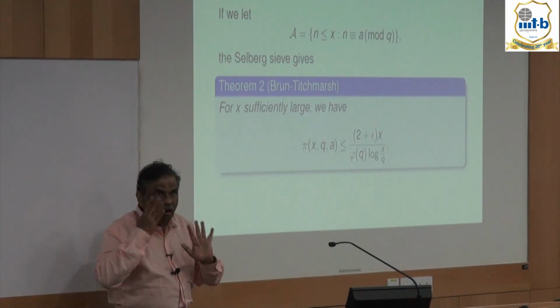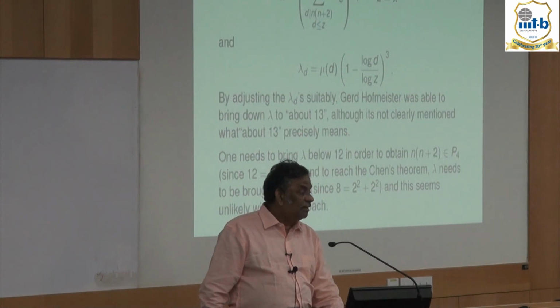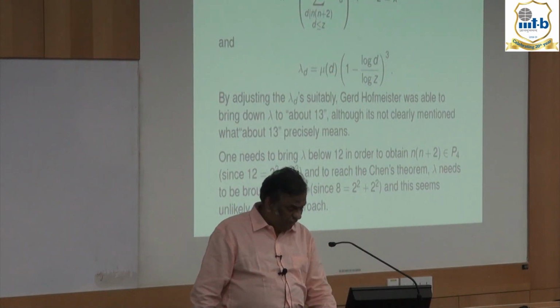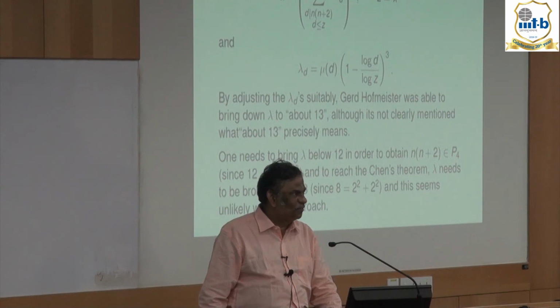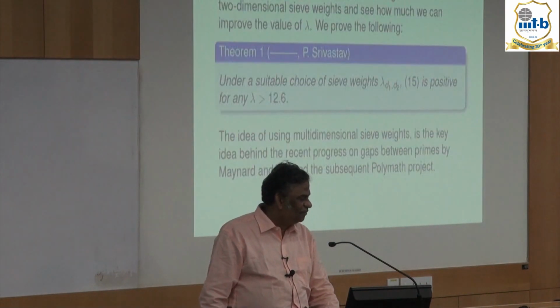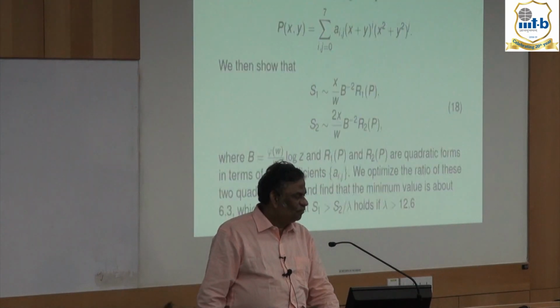Therefore, you can actually count how many primes there are in an arithmetic progression. And then he suggested a method for the twin prime problem, which was supposed to be the main part of my lectures, but for lack of time, let me skip that.